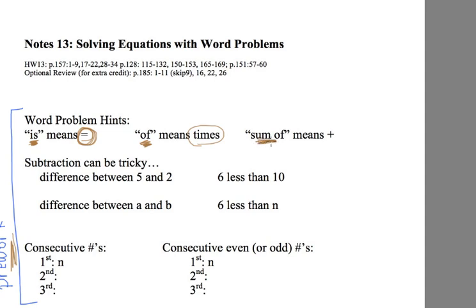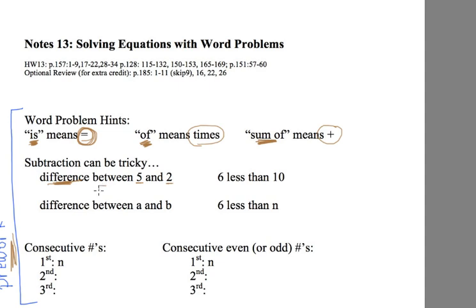The word sum or sum of means addition or add. The word difference can be tricky. Difference means subtraction. The hard part about subtraction, though, is order matters. 5 minus 2 is different than 2 minus 5.